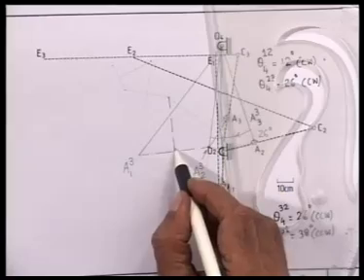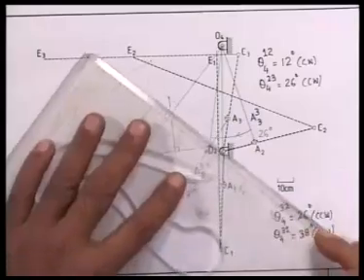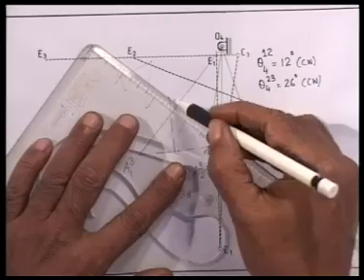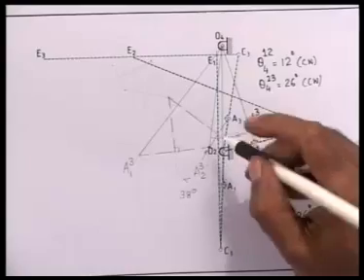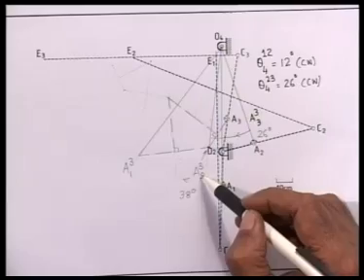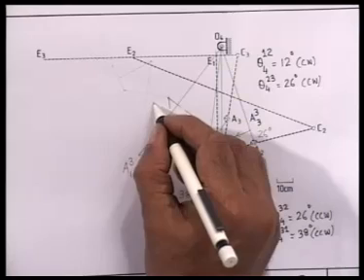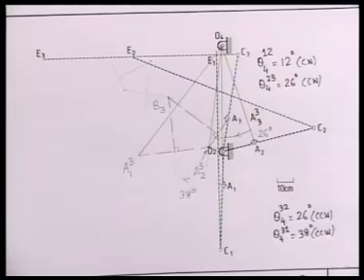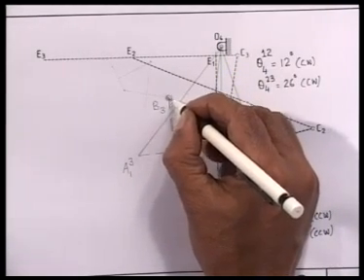This is the perpendicular bisector of A23, A13, and this is the perpendicular bisector of A33, that is A3, and A23. These two lines meet here, which will locate B3. This is where that compound hinge, second order hinge, is located at the third configuration.